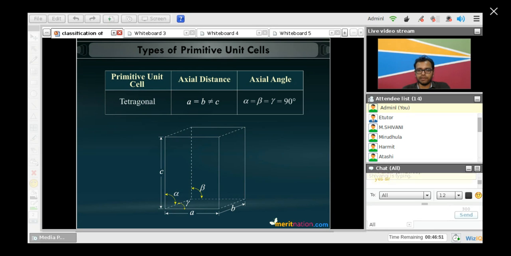So a is equal to b, but it is not equal to c, and all the angles are 90 degrees only. No, it is not known as cuboidal. When we are discussing this type of structure in solid state, it is called tetragonal, right?